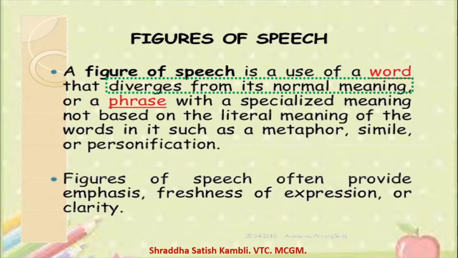So can you actually see clouds of gloom? Gloom means sadness. Sadness is something which you experience, isn't it? You do not see sadness. So when the poet says, I saw clouds of gloom, the meaning of the word cloud is diverging from its normal meaning, isn't it? So that is the meaning of figure of speech.